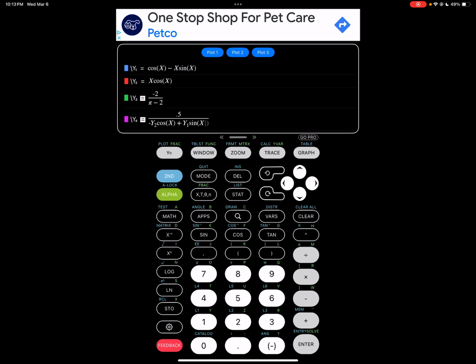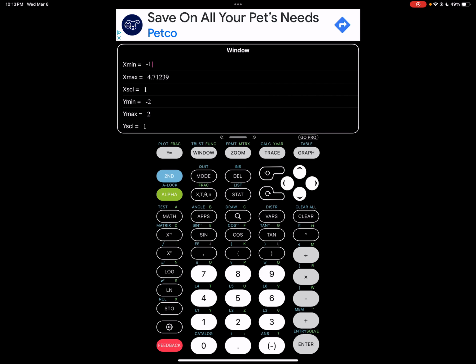Let's see what theta is. It is going to be from 0 to 3 pi over 2, so we are going to change our x min and x max so that it is between 0 and 3 pi over 2. Then hopefully we can find the intersection.